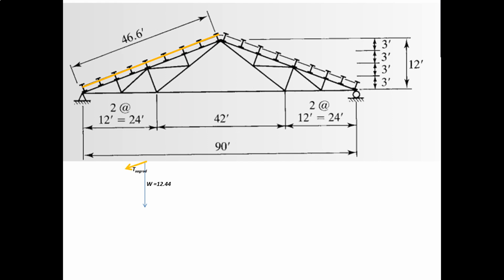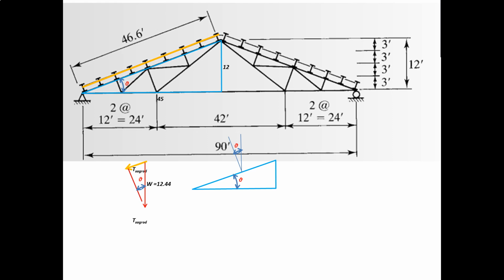So this is the T sagrod with the corresponding slope. The corresponding slope is again 12 vertical and 45 horizontal. We can name this as theta. With this vertical calculated force, this is the vertical and this is the perpendicular line, therefore this is also theta.